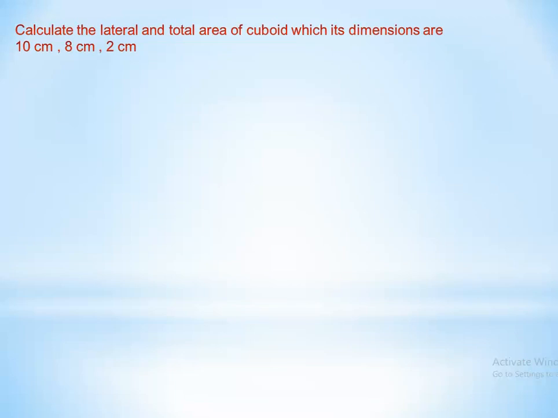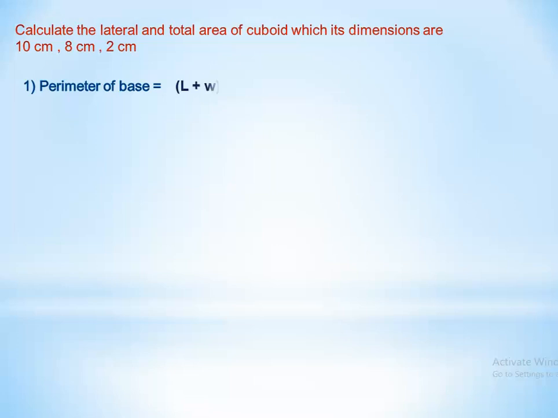Let's see an example. Calculate the lateral area and total area of a cuboid whose dimensions are 10, 8 and 2 centimeters. First step, perimeter of the base. Never forget the steps. Here we have 3 dimensions, which means we have length, width and height.